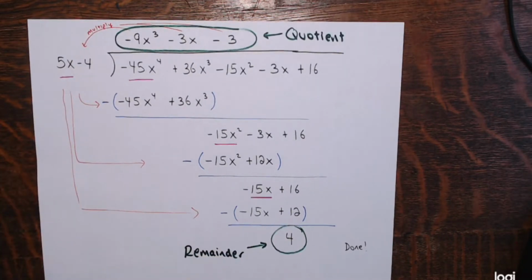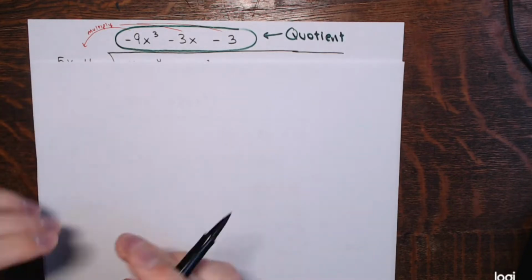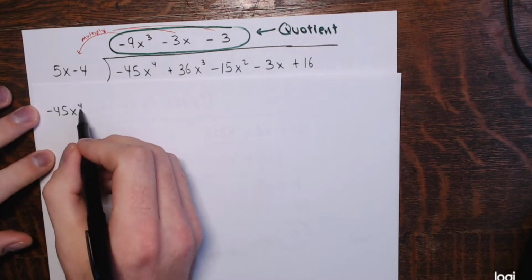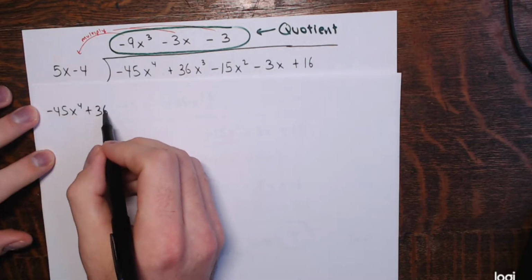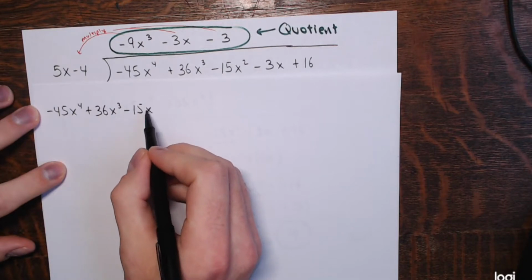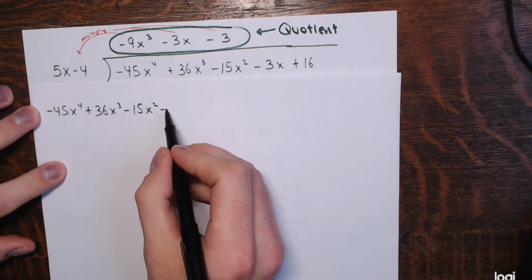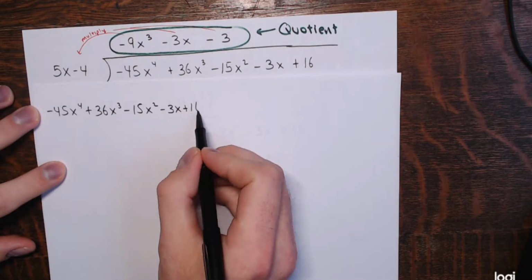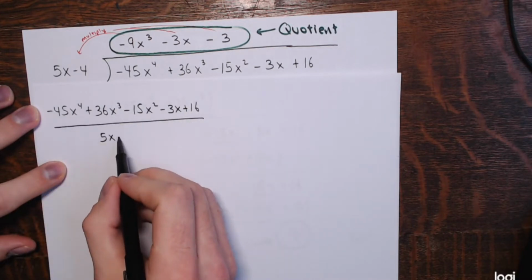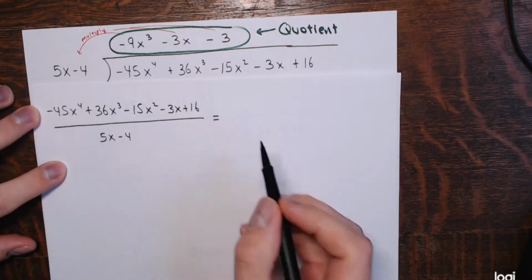Right, and then finally, how do we write the result of this division that they want? So I'll cover this up real quick, and then we say that negative 45x to the 4th plus 36x cubed minus 15x squared minus 3x plus 16 divided by 5x minus 4 is equal to the following.